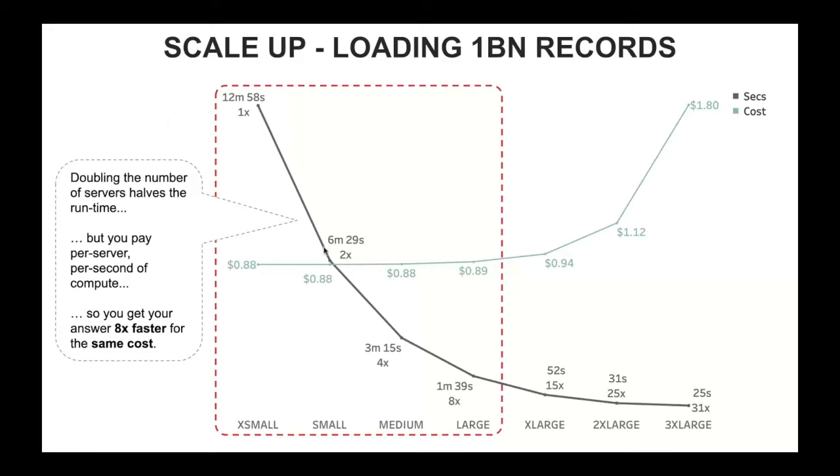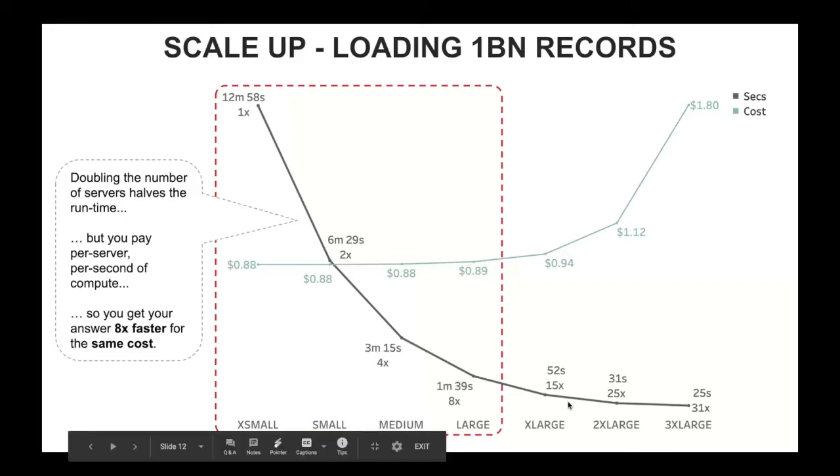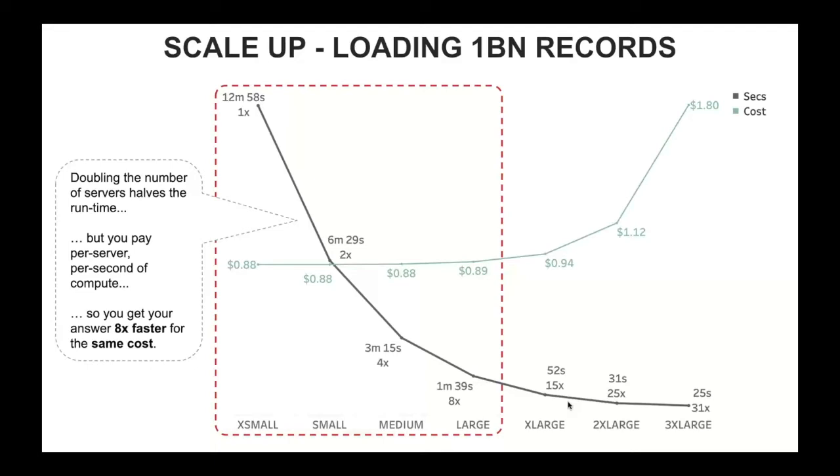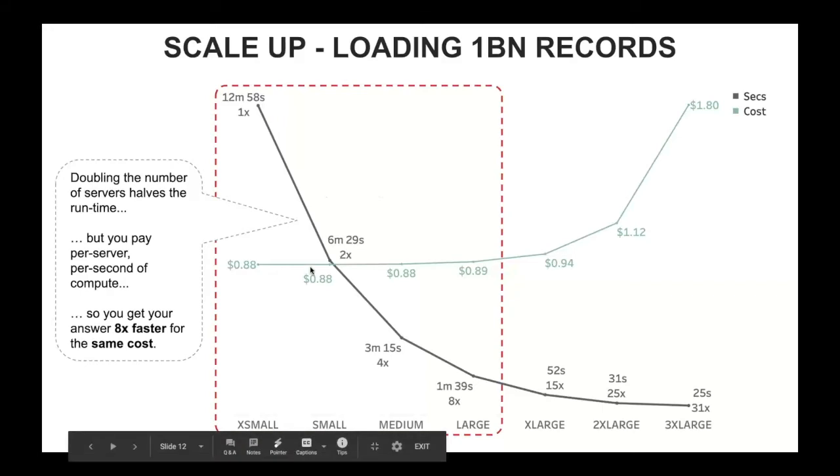The one in black shows the runtime of a loading operation of 1 billion records, using increasing sizes of the virtual warehouse. You can see that, at least for the first 4, we're achieving a halving in runtimes, so doubling in performance.